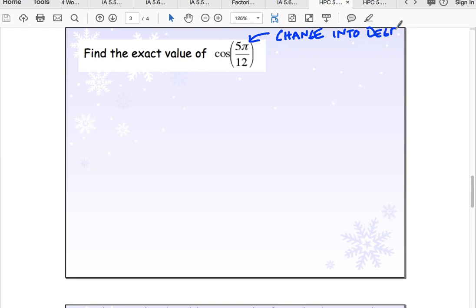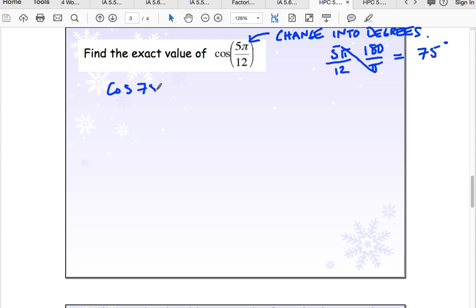It's just easier to think of two angles in degrees that add or subtract. So if we're going to change 5 pi over 12 into degrees, we're going to multiply by 180 over pi. The pi's will cancel. 5 times 180 divided by 12, you're going to get 75 degrees.